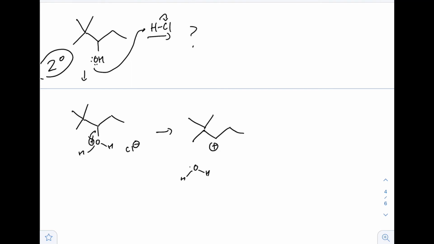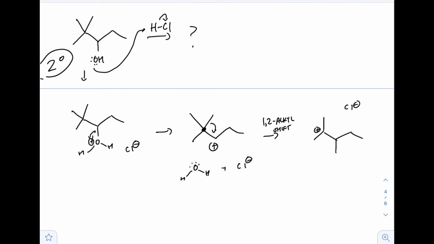We want to stabilize that, and in this case it's not a 1,2 hydride shift but a 1,2 alkyl shift because we have a methyl directly adjacent to it, and that 1,2 alkyl shift will result in a tertiary carbocation, which is more stable.